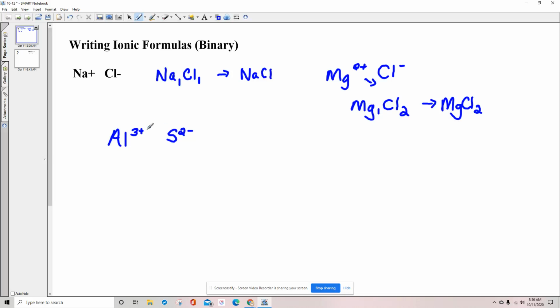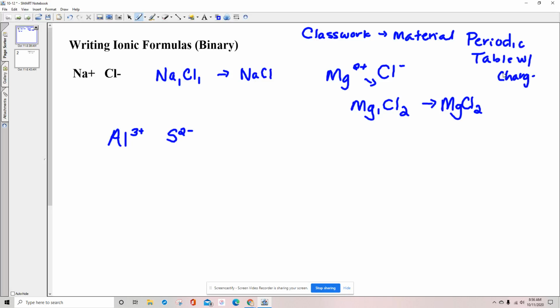Now, if you're wondering where I'm getting these numbers, go to the classwork, and at the very top under material, you should see a periodic table, and it says "with charges." If you find that one, then it has all these numbers.